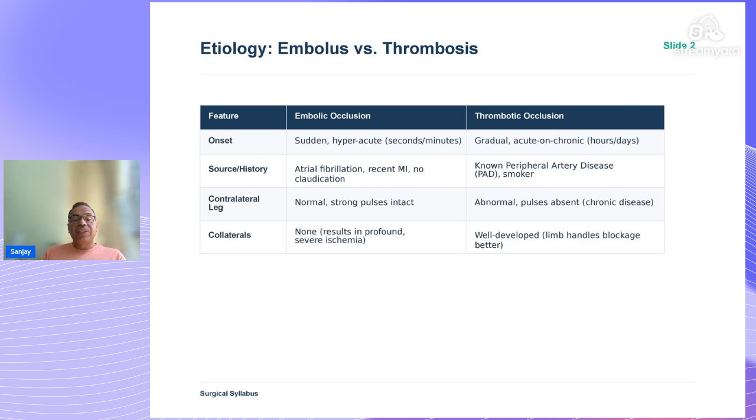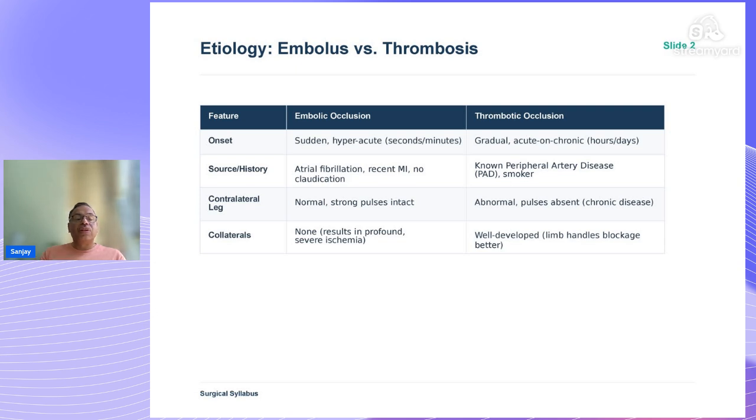Generally, in acute limb ischemia, embolic occlusion is more common. As discussed before, it causes sudden hyperacute symptoms which can occur within a few minutes, whereas a thrombotic occlusion is a more gradual, acute-on-chronic process which may occur over hours or days.